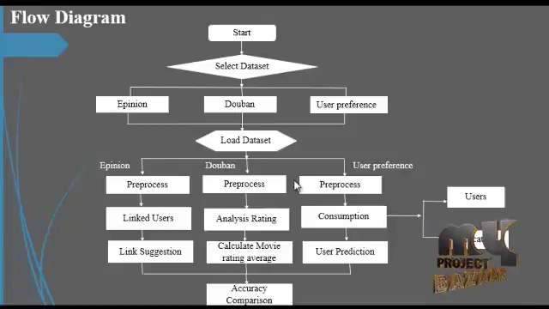After that we will perform the pre-processing step on the loaded dataset. Pre-processing is an important step in the data mining process. The phrase "garbage in, garbage out" is particularly applicable to data mining and machine learning projects. Data gathering methods are often loosely controlled, resulting in out-of-range values.